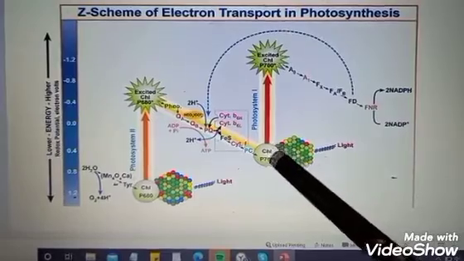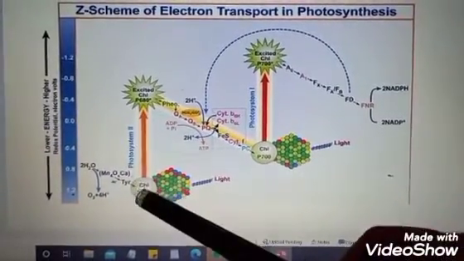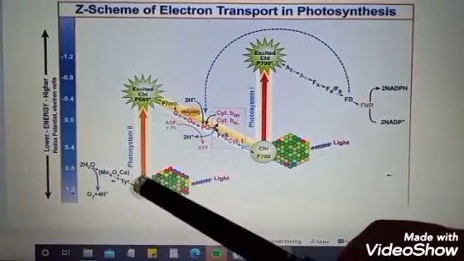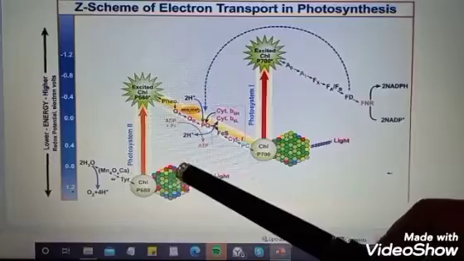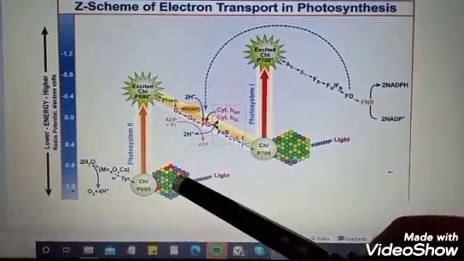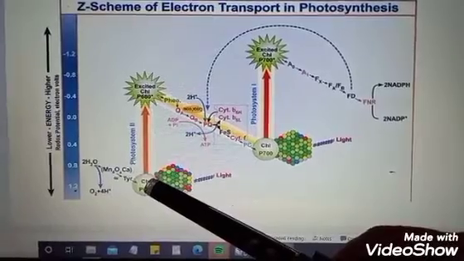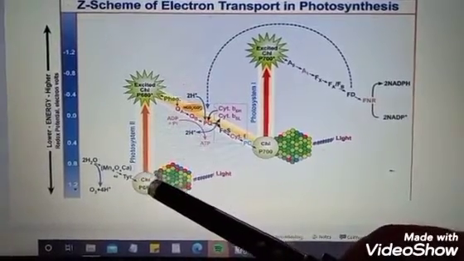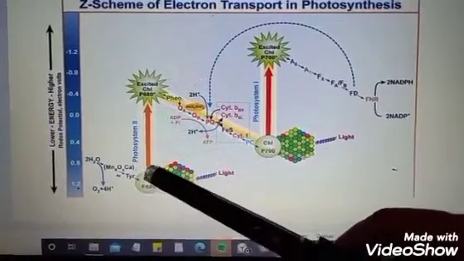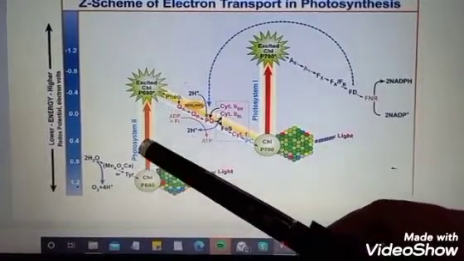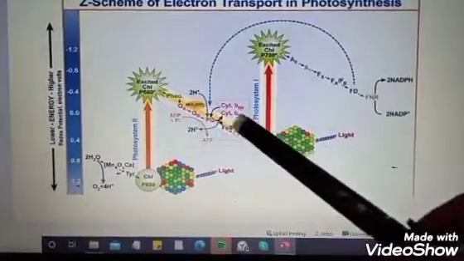After release of its electron, this system becomes oxidized, and for its reduction the electrons come from P680, which here also absorbs light quanta. The photosynthetic pigments absorb light quanta and migrate the energy to this reaction center, and this P680 again becomes excited and releases its energy in the form of an electron, which goes to this P700 by different electron carriers.